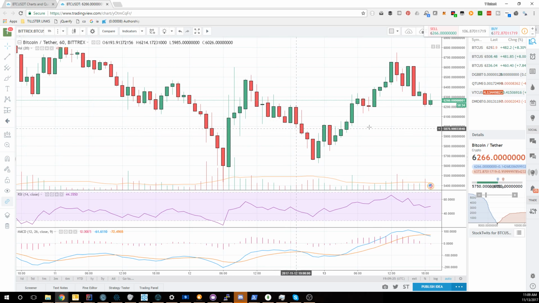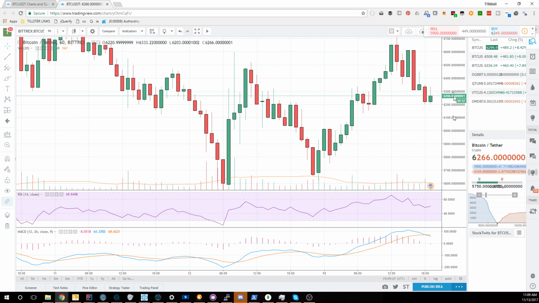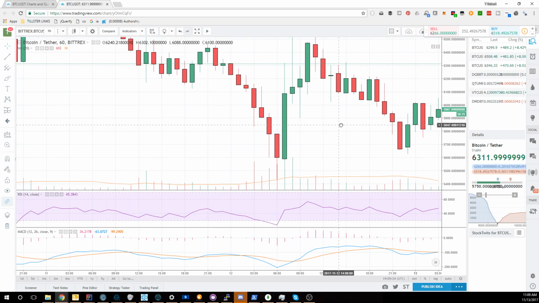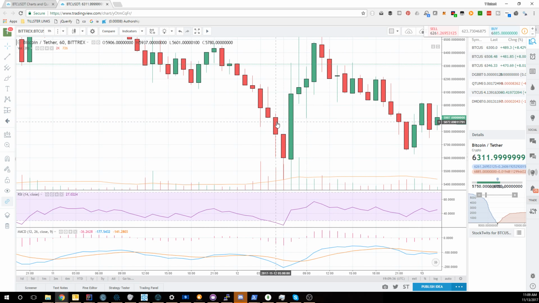Okay? What we're showing with regards to the price, right over here is the price. And what the candles show you is where the price was in that time frame. A red candle means that the price went down in that time frame, whereas a green candle means the price went up in that time frame.